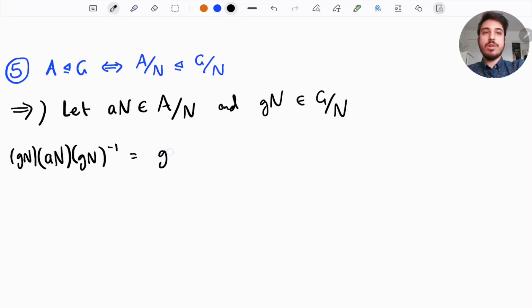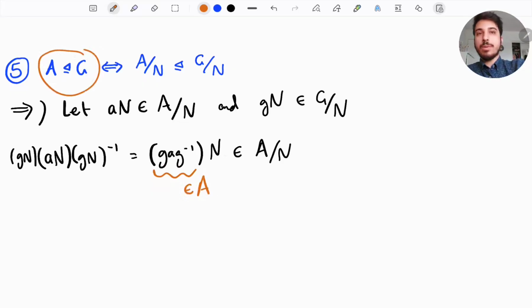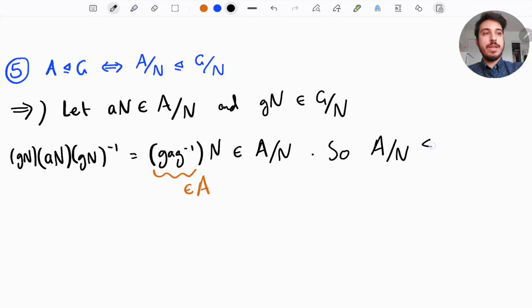This equals g a g inverse N, and this is an element in A/N because this is an element in A, because A is supposed to be a normal subgroup of G, therefore closed under conjugates. So forward direction is complete, and A/N is a normal subgroup of G/N.